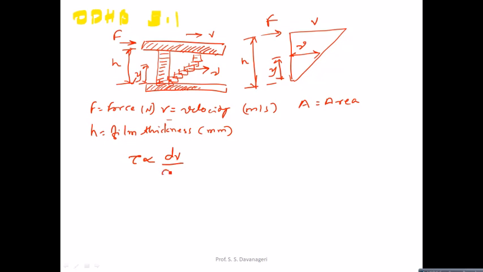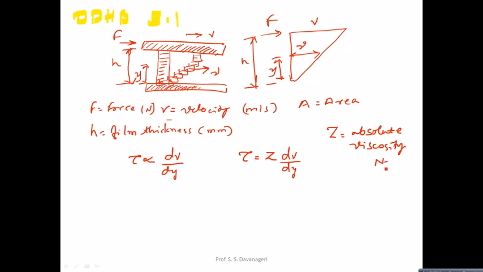Now, based on the definition of Newton's law of viscous flow, the shear stress is directly proportional to the rate of change of velocity, that is dV by dy.